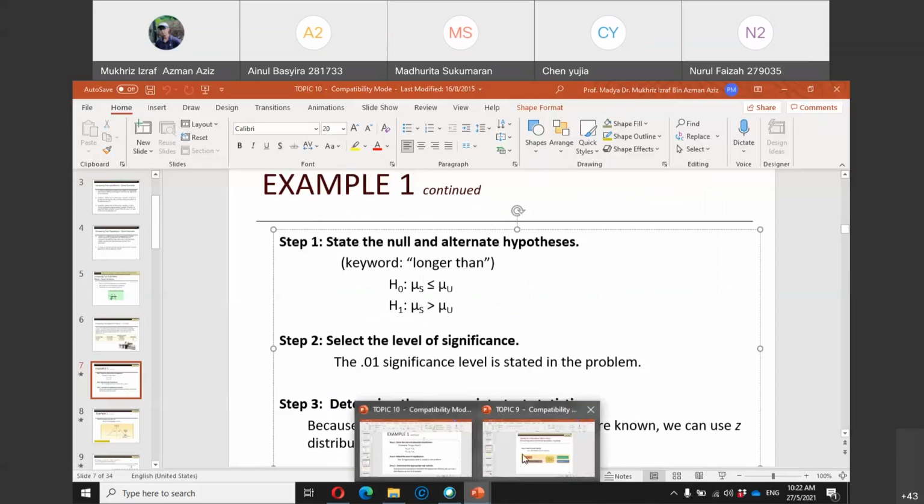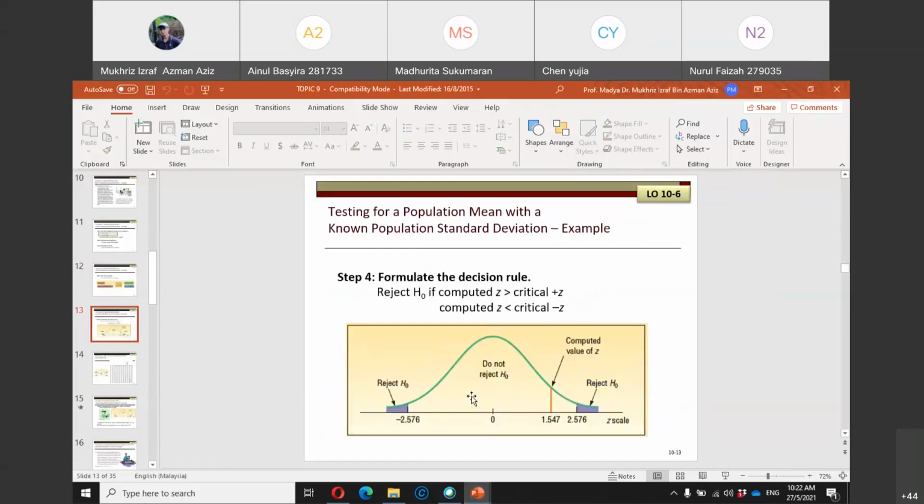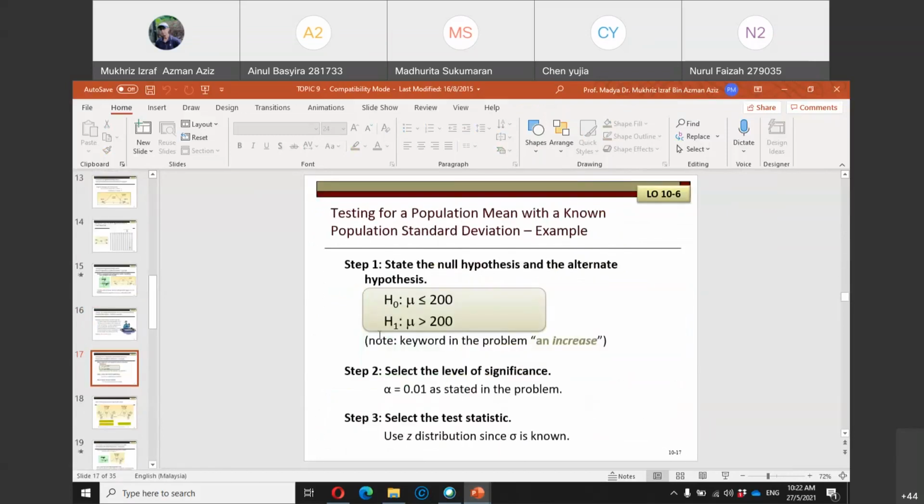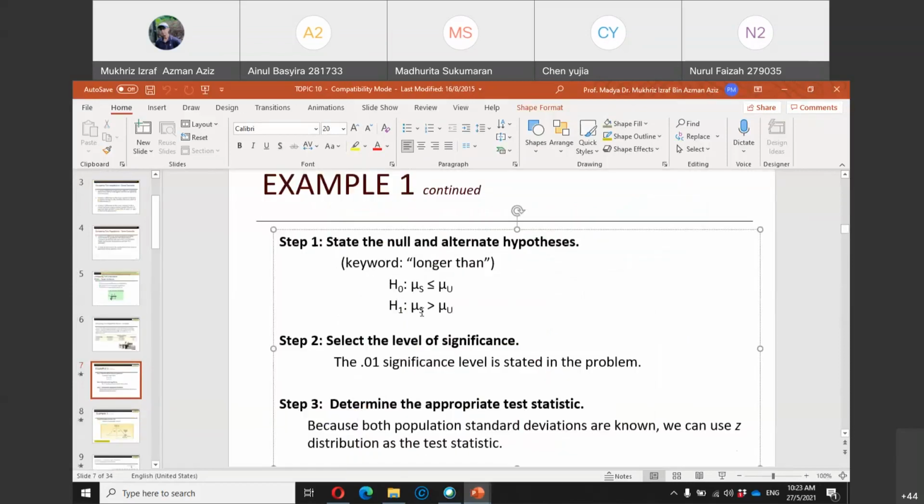Unlike in the one sample test, where you just put mu with no subscript because you are only referring to that particular sample, in the two sample hypothesis testing it is compulsory to denote both of the population means with a subscript, so that we know which mean is being referred to.